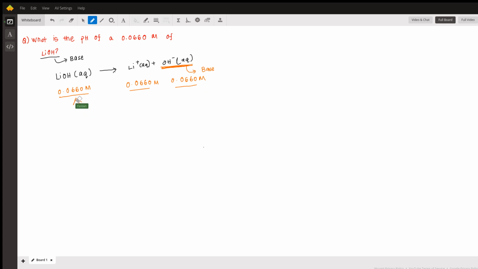Let me give you an analogy here. Let's say we have an Oreo biscuit, a cookie. Let's say you have one cookie. When you separate the top and the bottom cookie, you have one top and one bottom, right?